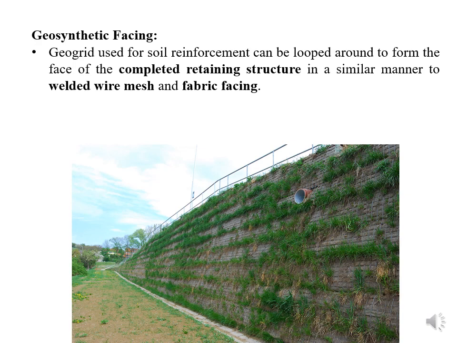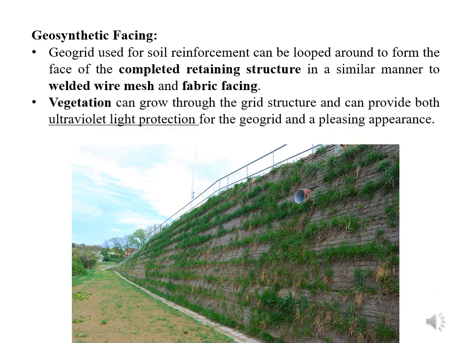As we discussed in the previous lecture, geogrids and geosynthetics are used as reinforcing elements. These elements can be extended in front of the wall, and there they will be looped. Looped means you wind it on the face of the wall to create the architectural view. You can see the figure also.